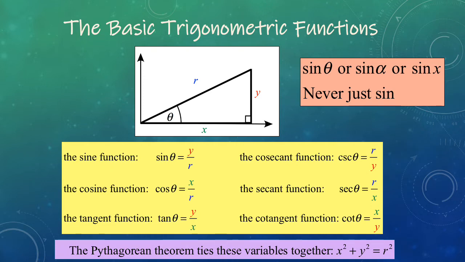The angle must be present. It is like saying, take the square root. If I were to tell you, take the square root, you would most likely say, of what? The same is true with sine. We can't just take the sine. There has to be an of what, and that is the angle.